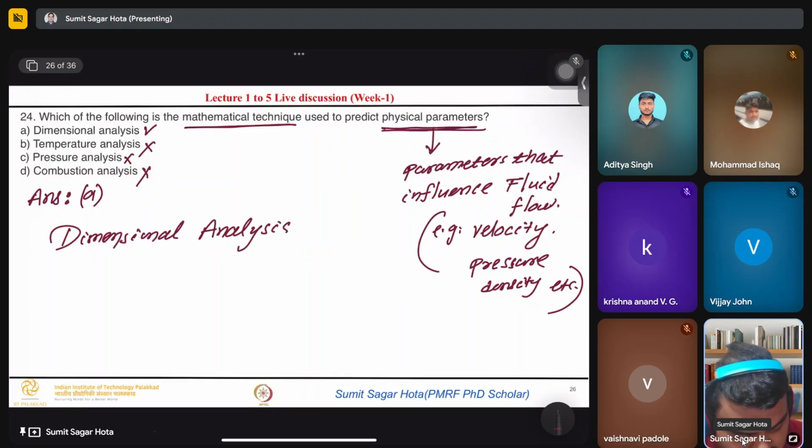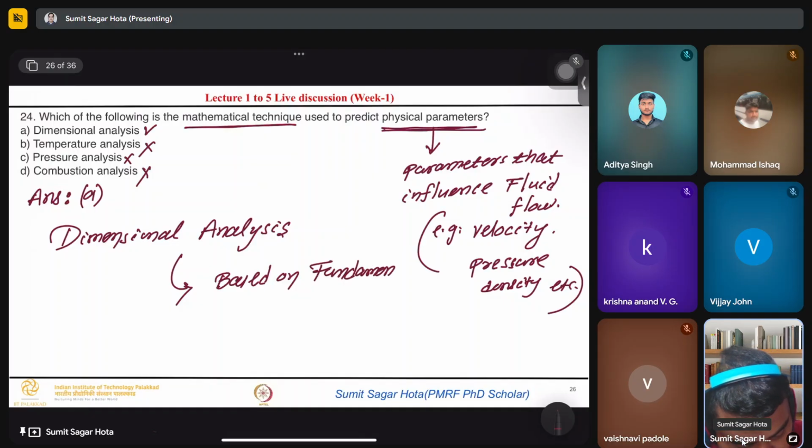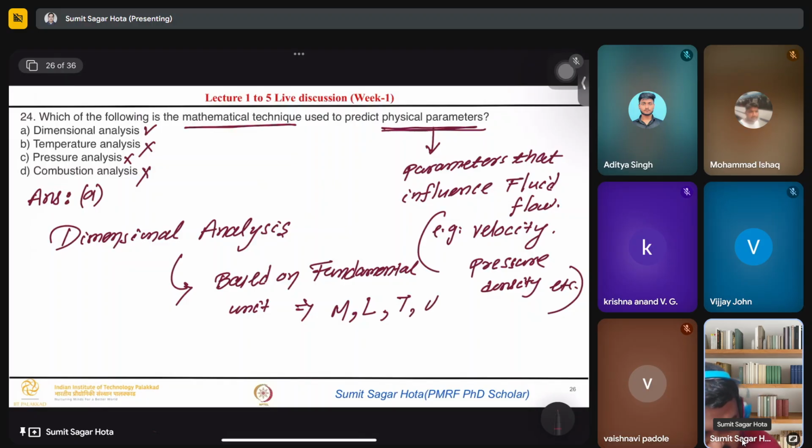So what does dimensional analysis deal with? It is based on the fundamental units: M for mass, L for length, T for time, and theta for temperature in Kelvin.